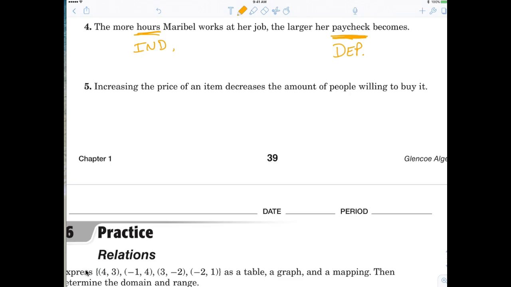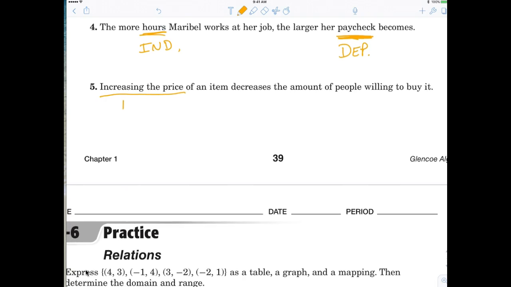And generally that means that the price is what? The independent, right? And the amount of people willing to buy it is the what? Dependent. All right?